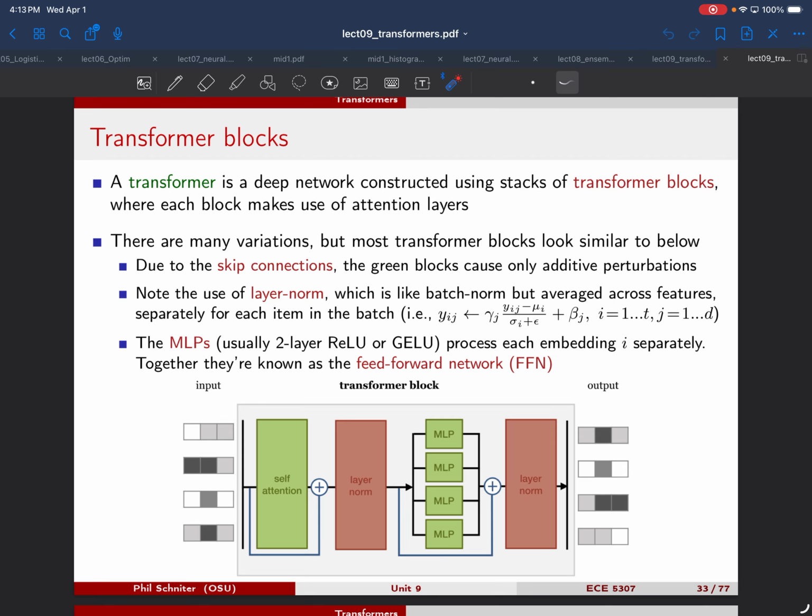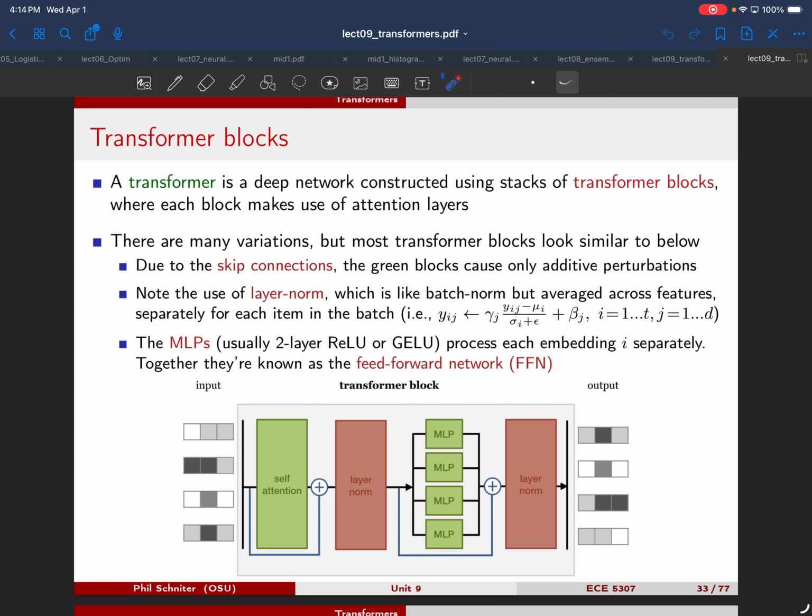So even if all the weights are 0, the signal still flows through. And then you have a layer norm, which acts quite a bit like batch norm, except the averaging is across features rather than across the batch. And then you have some simple MLPs. These are just 2-layer MLPs, so one hidden layer.